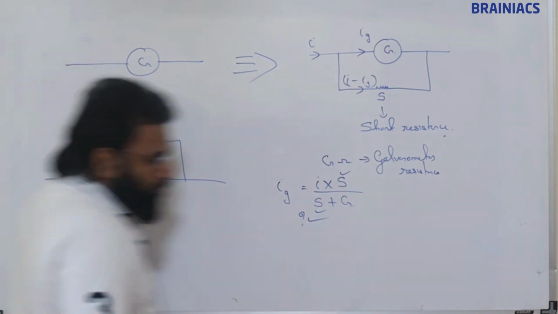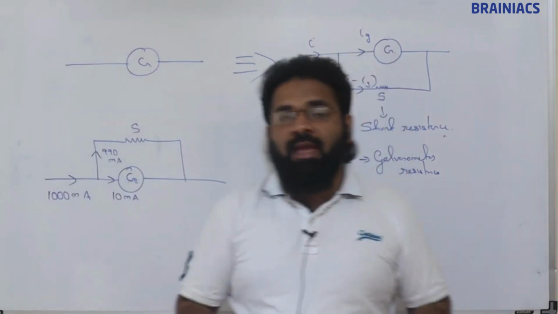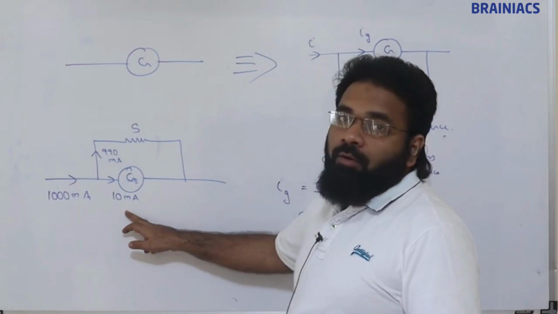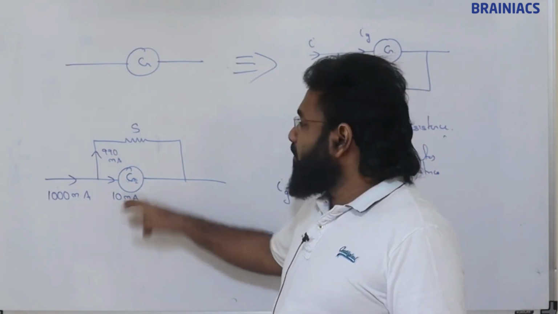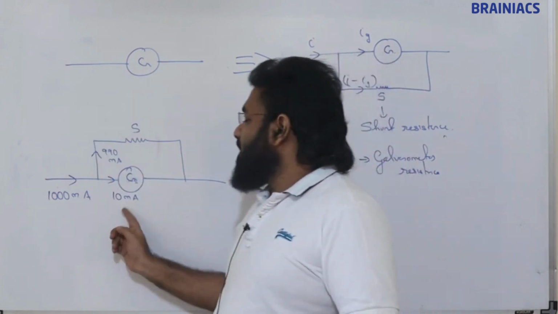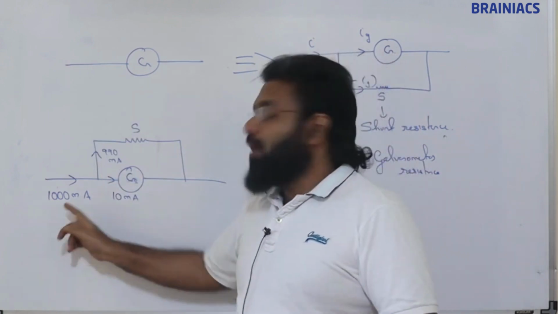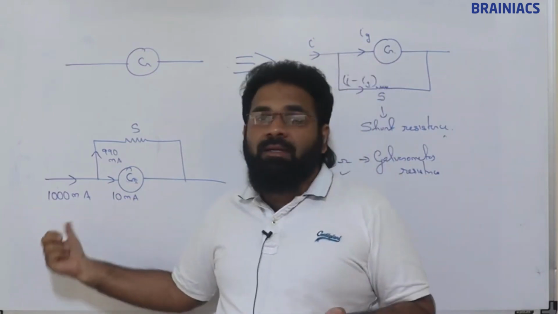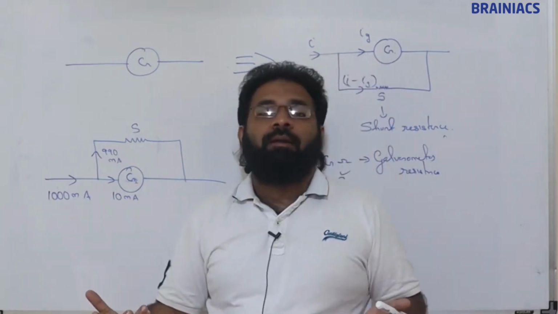Now we do calibration. This entire setup is called an ammeter. Actually this should show 1000 milliampere. Why an ammeter? An ammeter is to measure current.